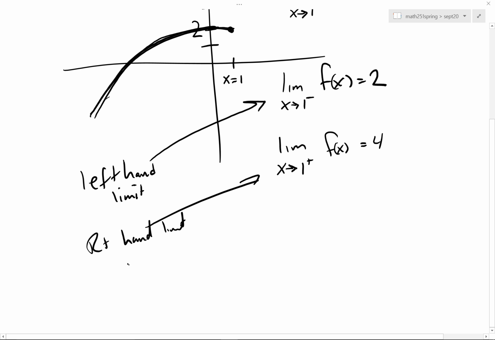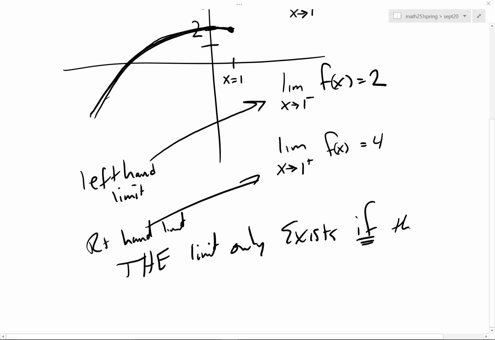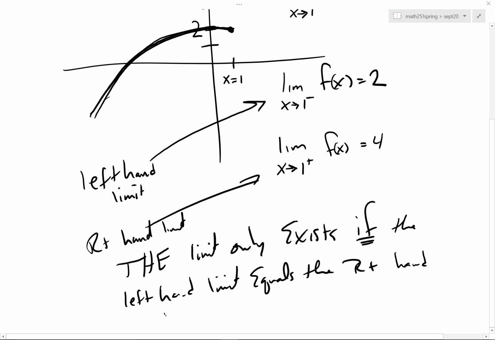And the idea here is this. The limit only exists if the left-hand limit equals the right-hand limit at the point in question.